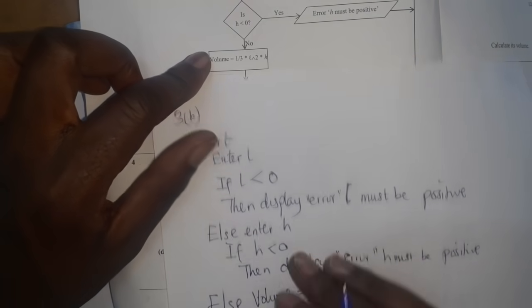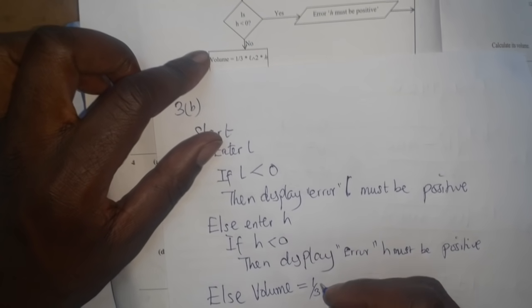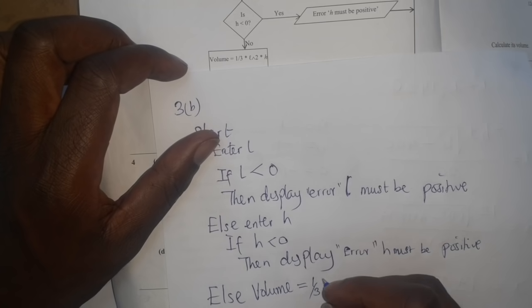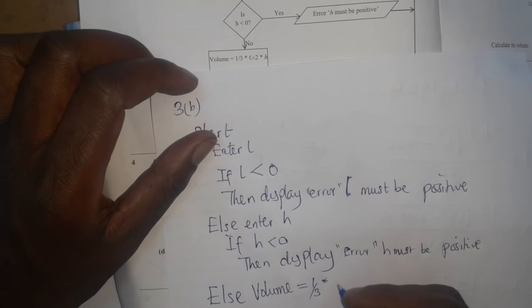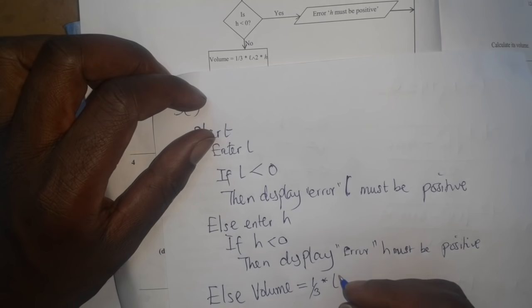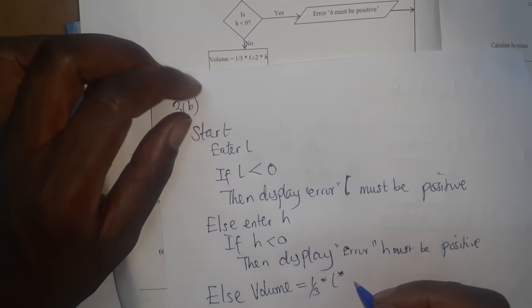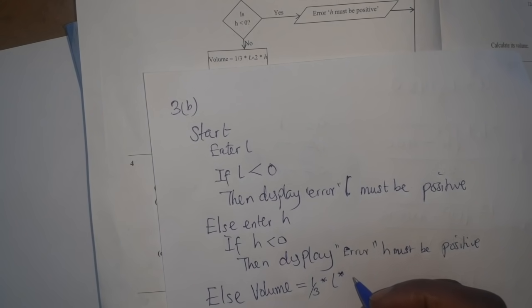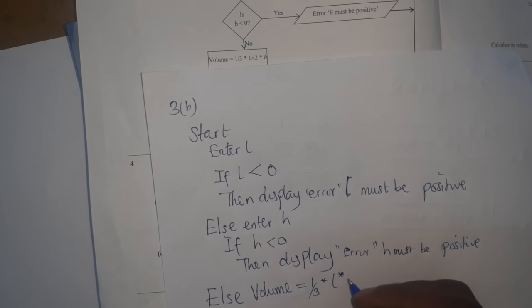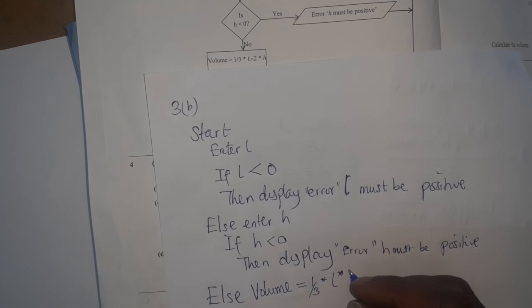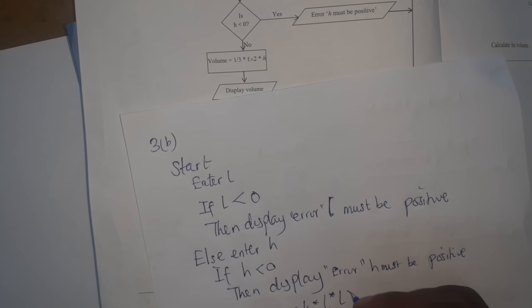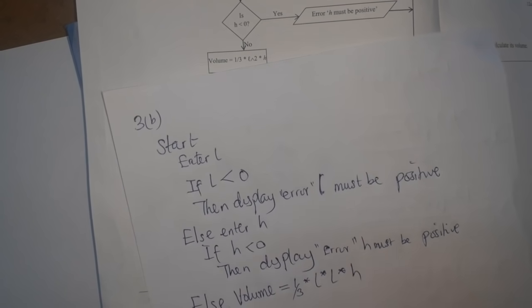Volume is equal to, see what is written here, 1/3 multiplied by L squared. We need to multiply this one. We can actually say L times L, then times height.